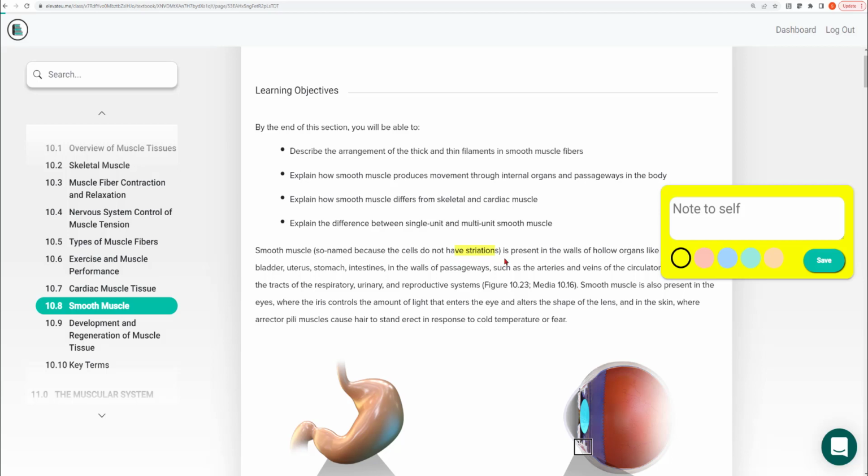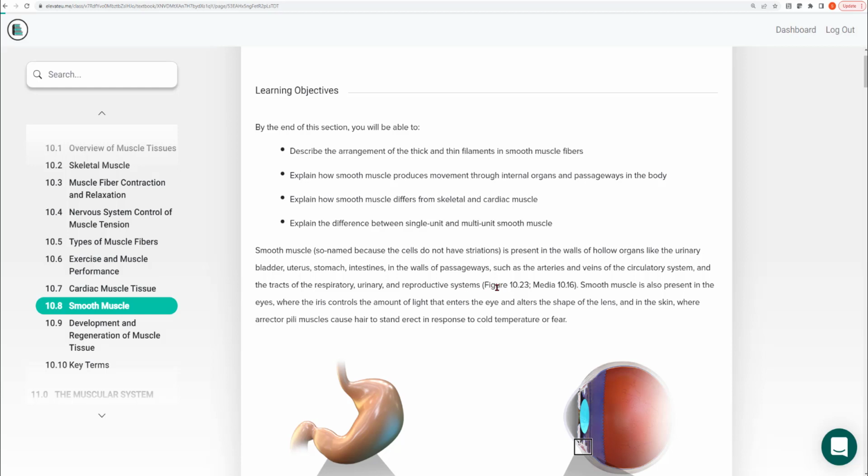We find it in the walls of hollow organs. Think in your bladder, uterus, stomach, intestines. It's inside, lining your arteries and veins. It's lining your trachea. All the tube-like structures in your body have smooth muscle there.